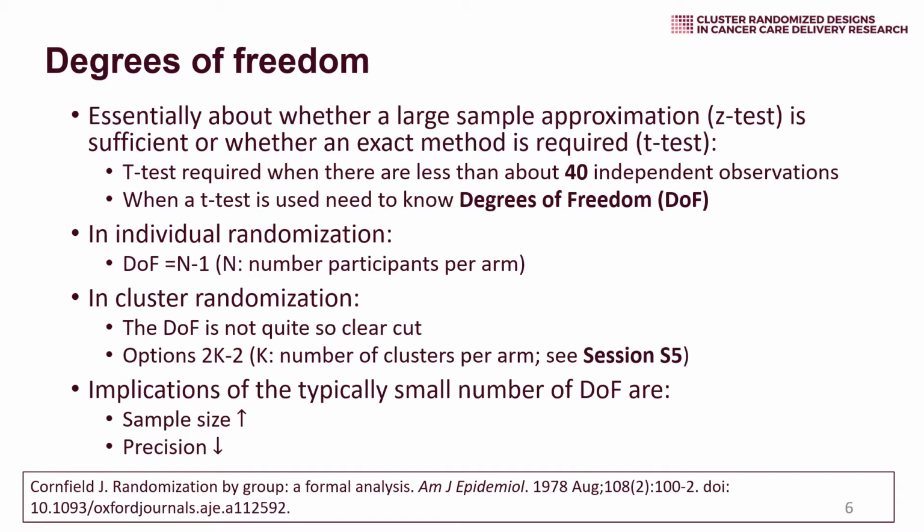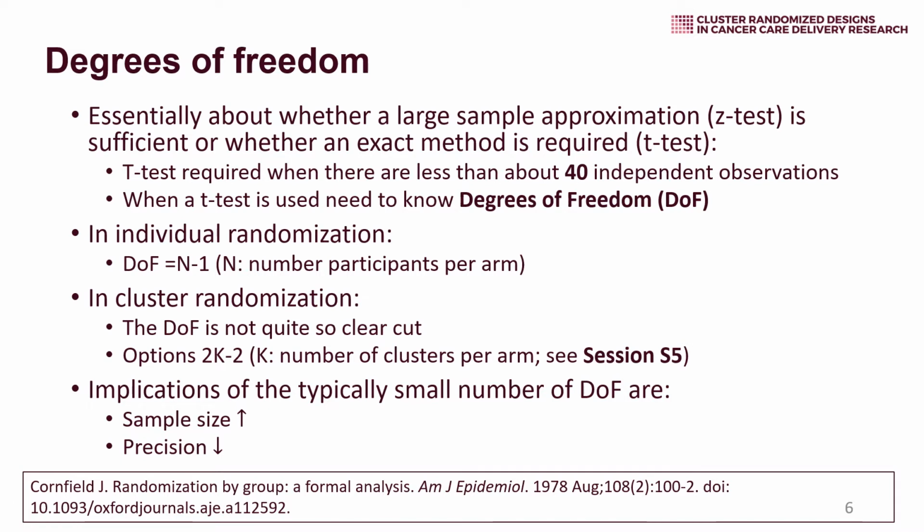Now, in individual randomization, it's standard and simple to work out the appropriate degrees of freedom because this is just n-1, where n is the number of participants in each of the study arms. In cluster randomization, determining what exactly the degree of freedom is not so clear-cut. There are some simple options, such as 2k minus 2, where k is the number of clusters per arm.